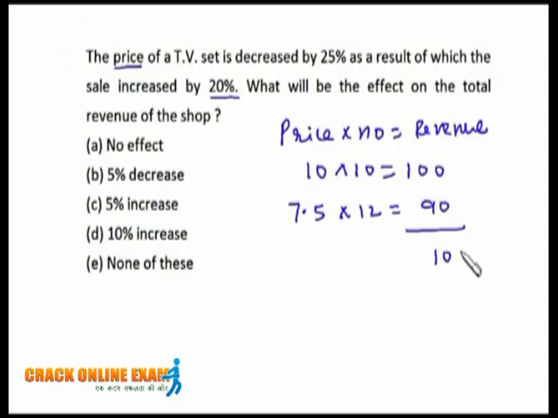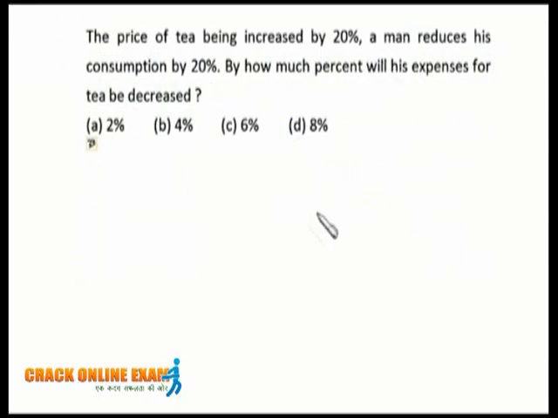That means it's a 10% downfall in the revenue. I hope you are clear. Just identify the variables, identify the formula for calculating the revenue and take the base value as 10 and calculate. It's as simple as that.